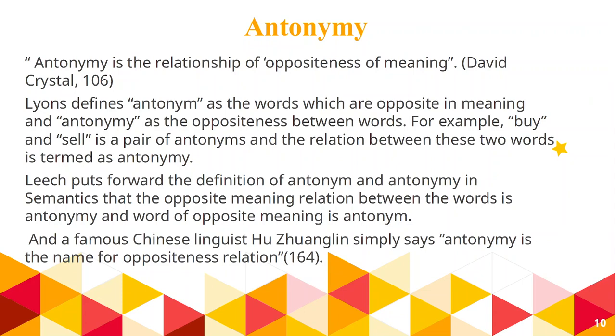Now we come to another sense relationship which is the opposite of synonymy, it is antonymy. I quote David Crystal's words to describe this relationship. He says, antonymy is the relationship of oppositeness of meaning.